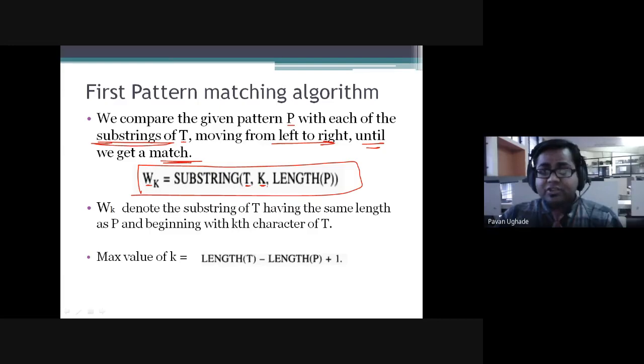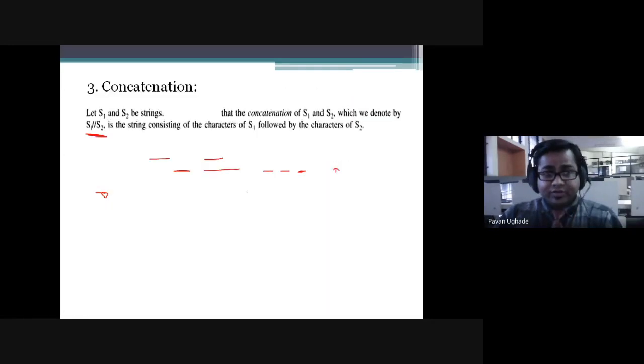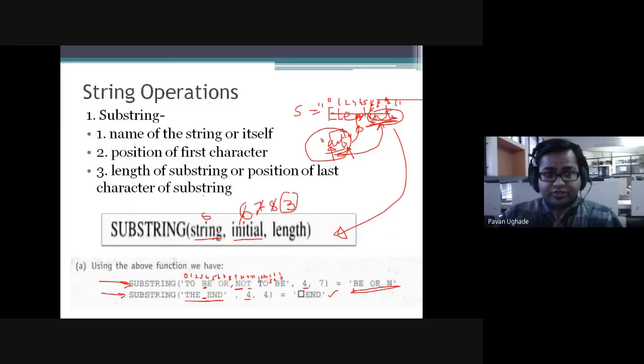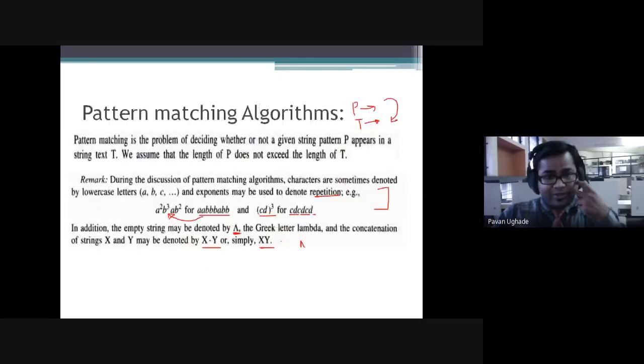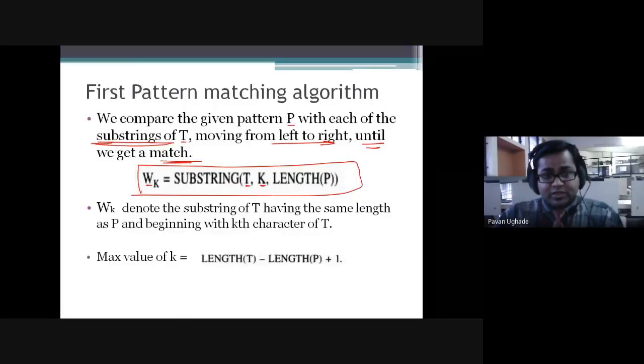We have already seen the substring function, where I said it will take three parameters as function arguments. The first is the string itself, then the initial position, that is from where you start fetching the substring, and the length of the substring that you are going to fetch.